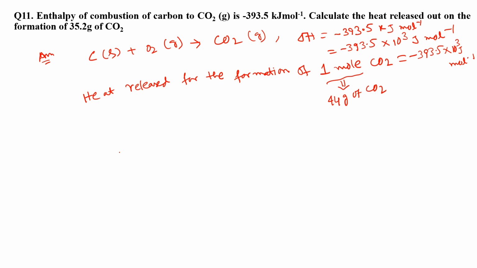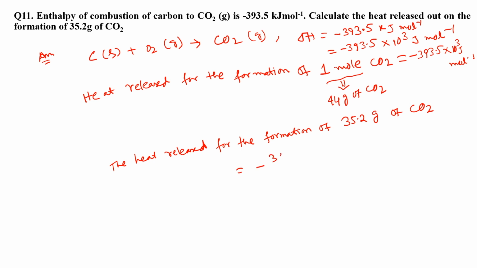So, we can calculate the heat released for the formation of 35.2 gram of CO2, which is minus 393.5 times 10 to the 3 joules divided by 44 times 35.2.